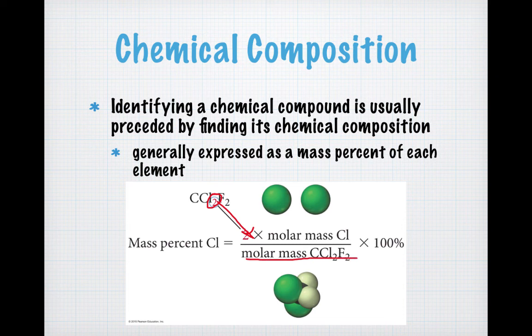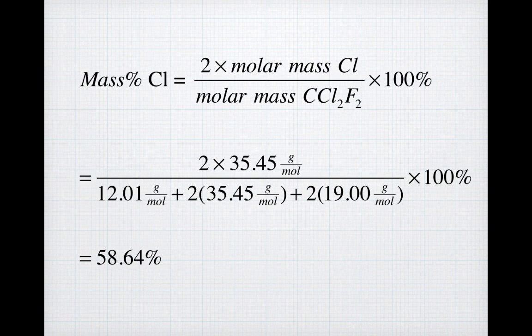Now to get the molar mass of this whole compound, I would take the molar mass of carbon plus twice the molar mass of chlorine plus twice the molar mass of fluorine. If we want to see that worked out, the mass percent of chlorine is equal to twice the molar mass of chlorine over the molar mass of the whole molecule itself times 100%.